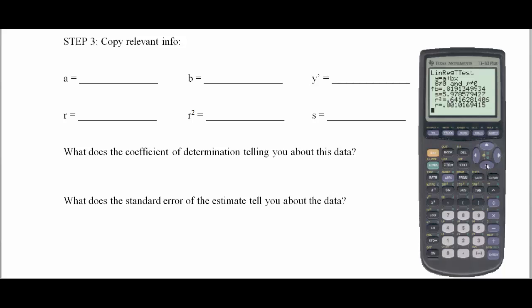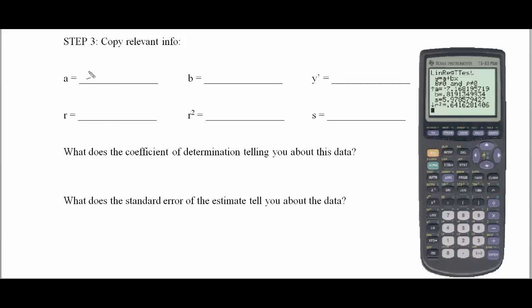Now the R and the R squared, we can't see all at once because of the height of the screen. So I'm going to park it right here where I can see my A, my B, my S, which is my standard error of the estimate, and my R squared, and my R was right off the screen at 0.80. So let me freeze this screen, and now I can write all this important information.